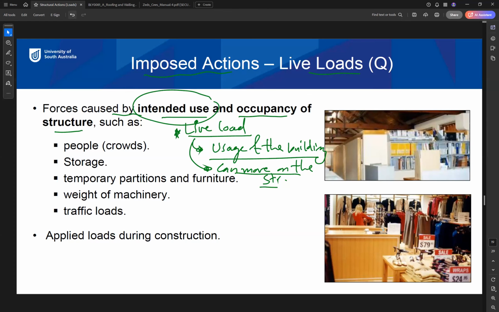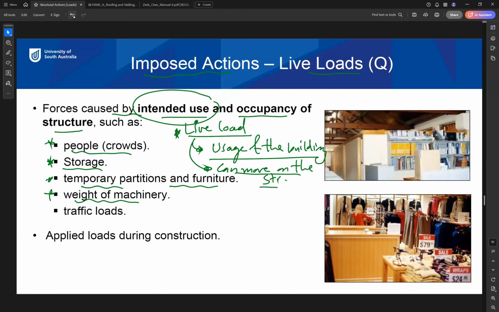And some examples of this live load are the people or crowds, and storages or storage buildings or storage areas, and temporary partitions and furniture. So the furniture also can be considered as live load. Weight of machineries, if the machinery is not existing forever, can also be considered as live load.